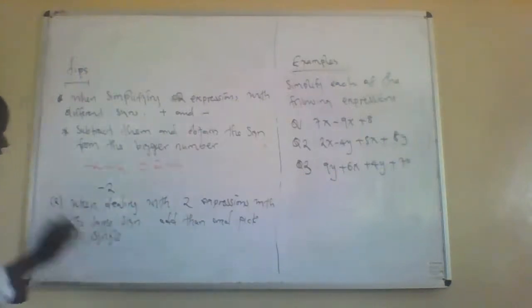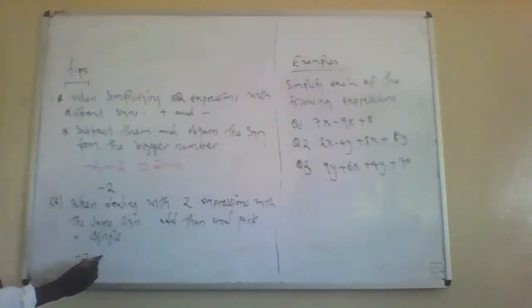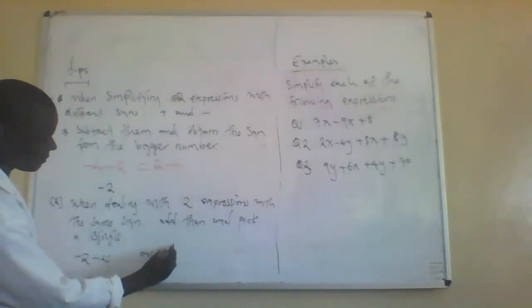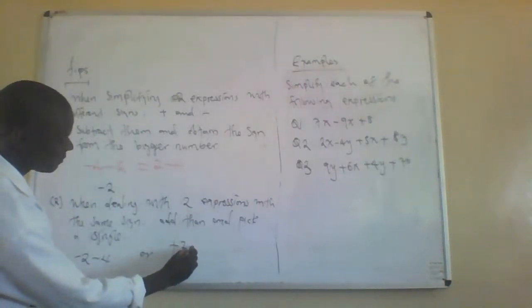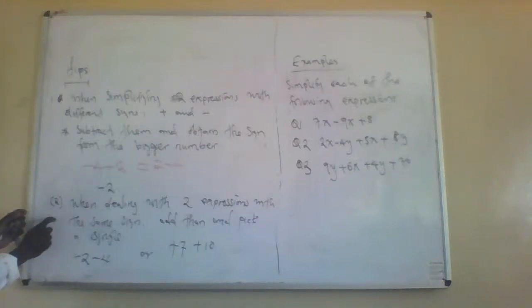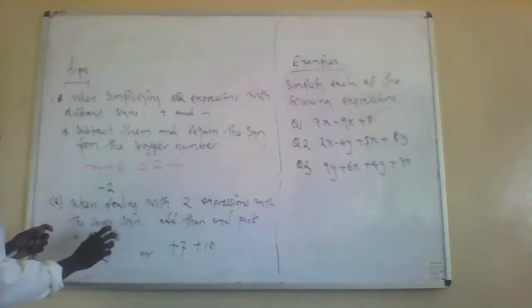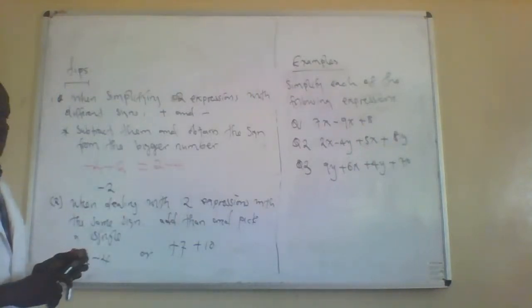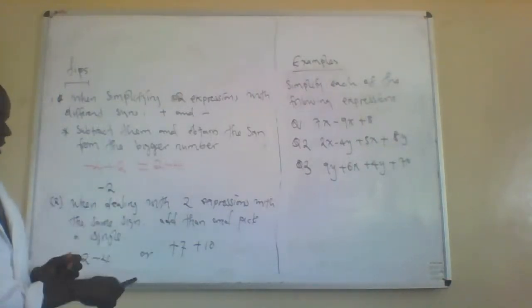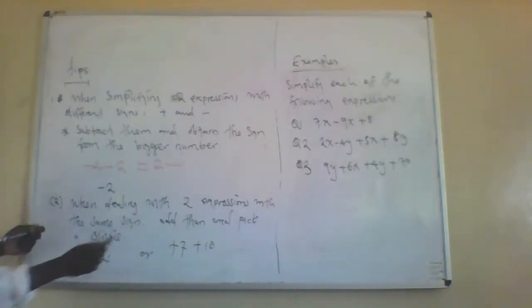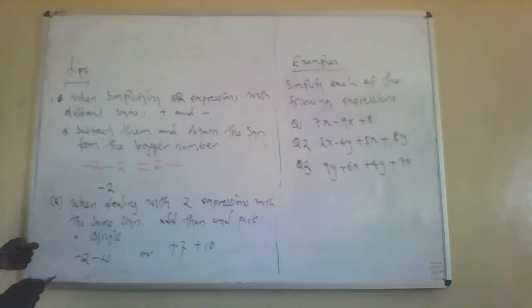What example can you look at? When you have -2, -4, or +7, +10, both terms have the same sign. Like the statement is saying, we're dealing with two terms that have the same sign, so add them, regardless of what that sign is. The sign can be negative, the sign can be positive. So we need to add them and then just pick a single sign.